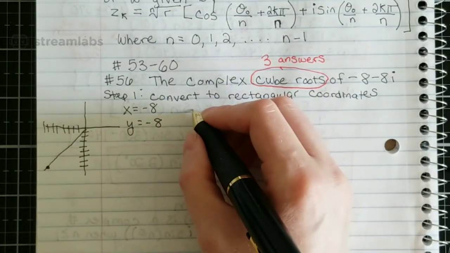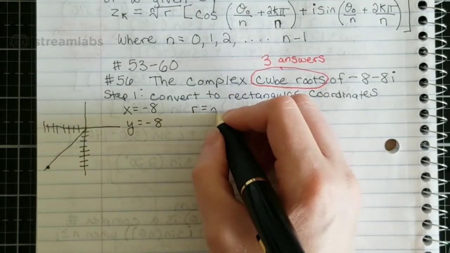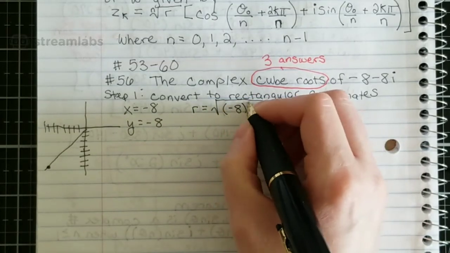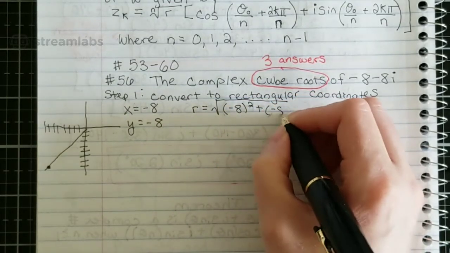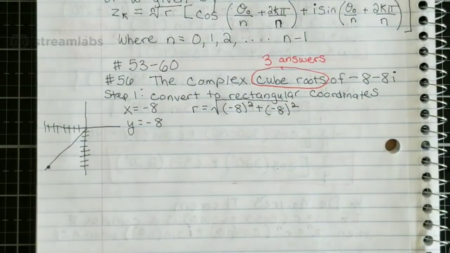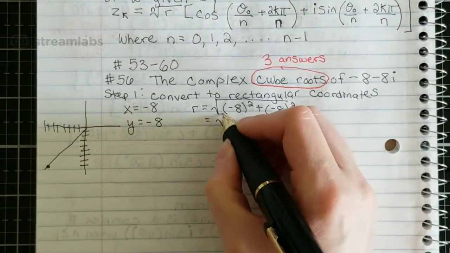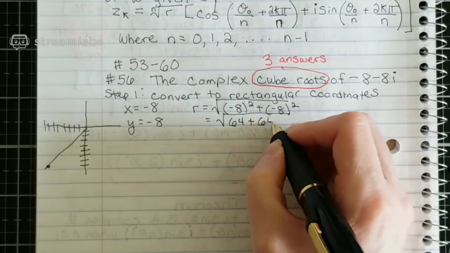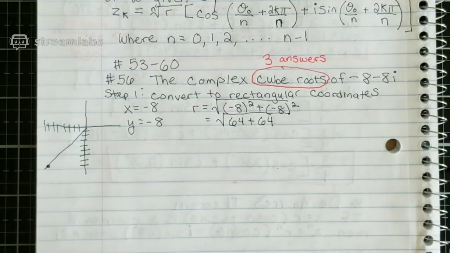You got to find that r. So this is going to be the square root of -8 squared plus -8 squared. Okay, so that would be the square root of 64 plus 64. So that's the square root of 128.